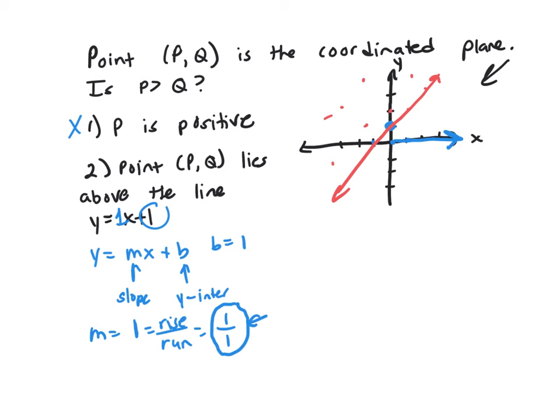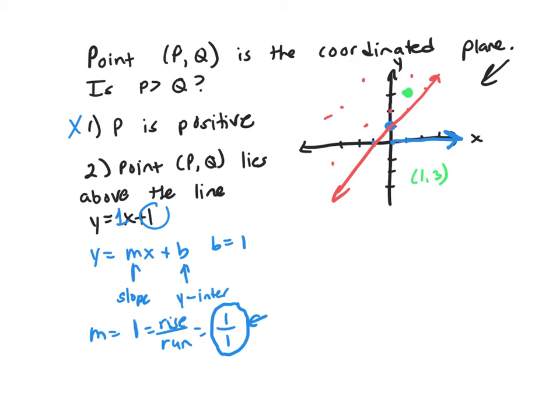And if you look at those points, is P greater than Q? If I look at this ordered pair here, let me switch colors again. That would be 1, 3. Is PQ, that's the ordered pair 1, 3. Is 1 greater than 3?